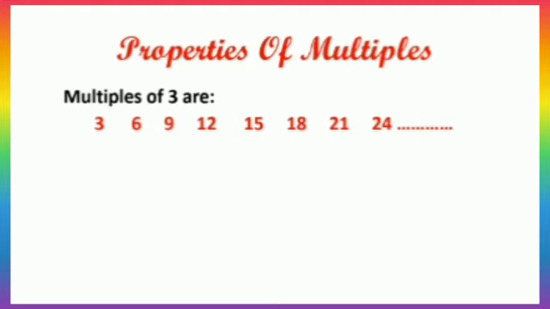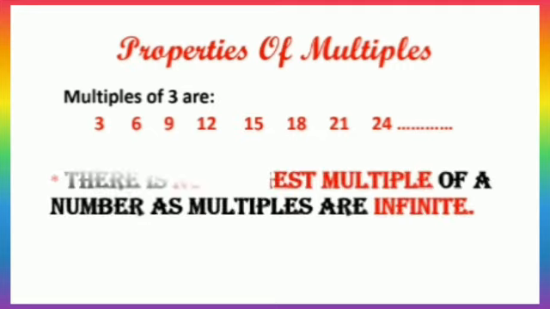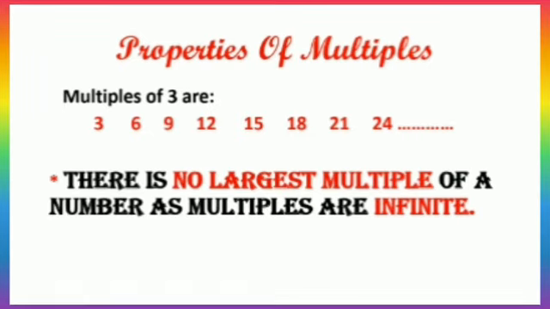Because there are infinite natural numbers, so there would be infinite multiples also. With this, we can say that there is no largest multiple of a number as multiples are infinite. Right, students?